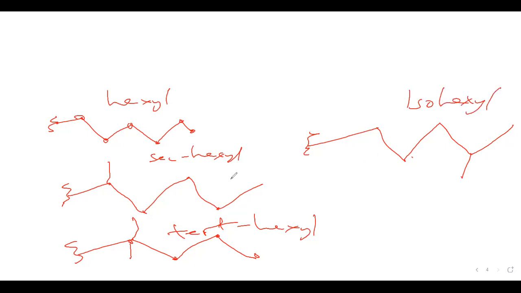And the last one will be neohexyl. So neohexyl says there should be 2 splits here. So my parent, 1, 2, 3, 4, right? And the last but one will have 2 splits. So then this will be neohexyl. Good.